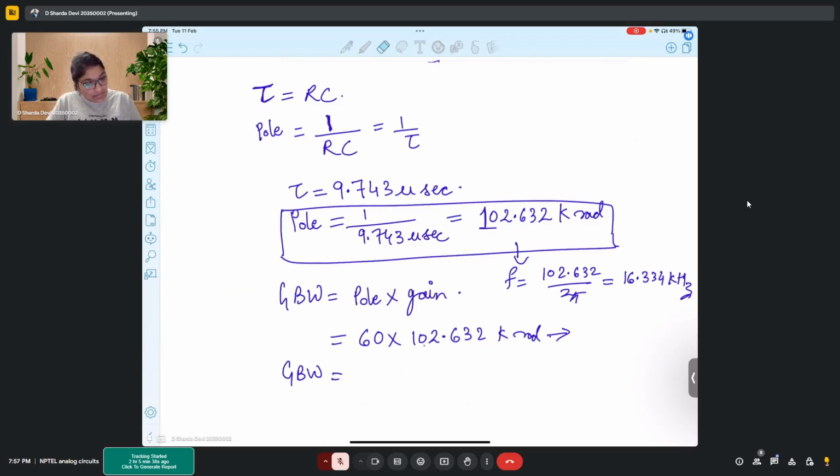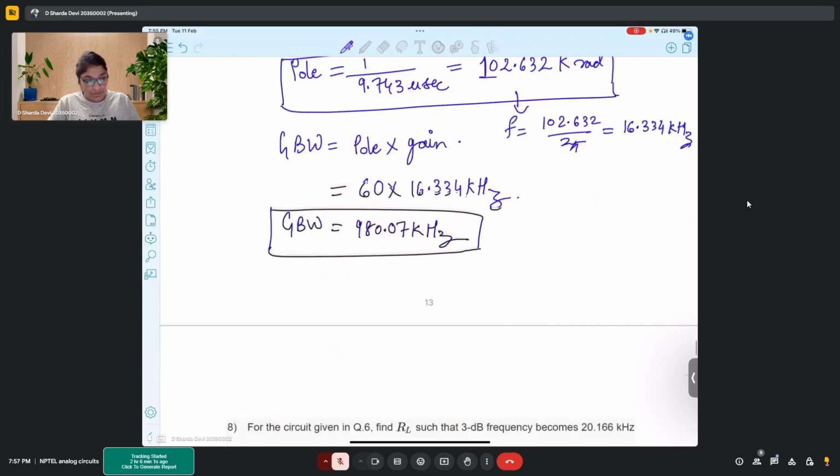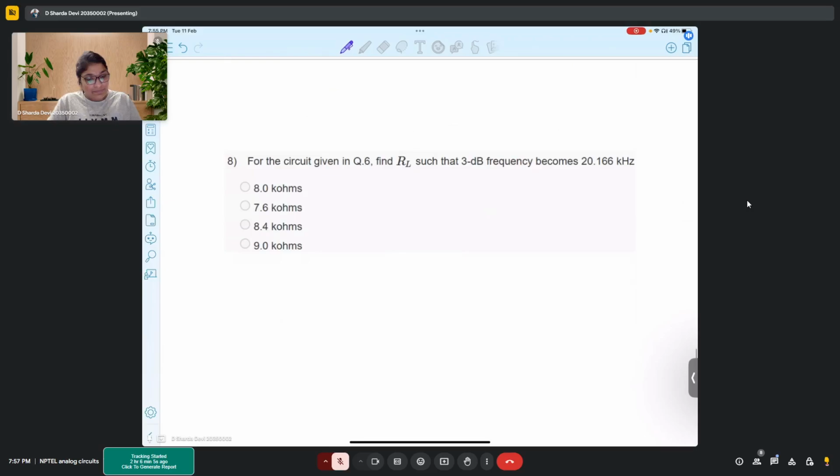And I can directly write it in kilohertz over here. So the gain bandwidth product comes out to be 980.07 kilohertz. So for the given circuit, the gain bandwidth product is 980.07 kilohertz.